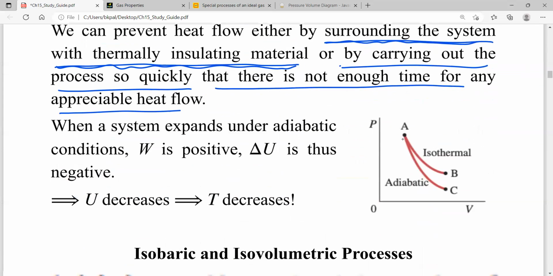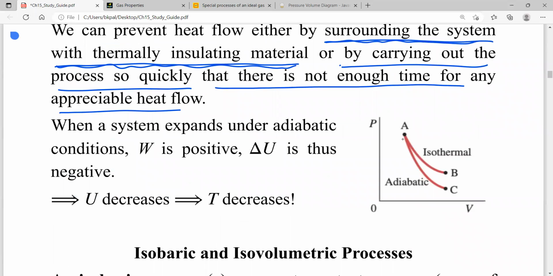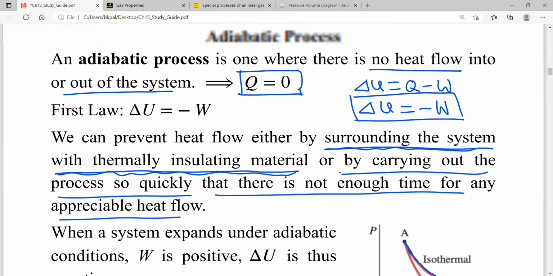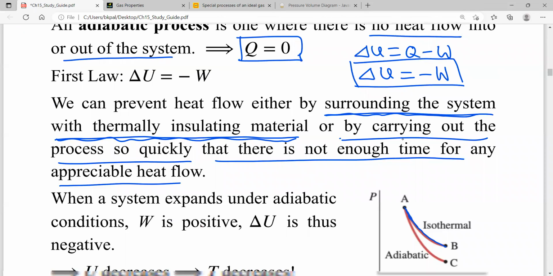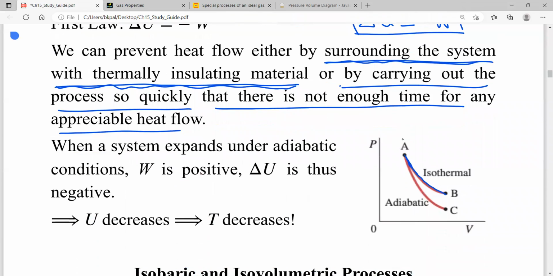Okay, now in a PV diagram, this is the isothermal process, where the temperature is constant. So how about the adiabatic process? Because adiabatic expansion means temperature decrease. Okay, how? So I'm going to show you in the next slide.